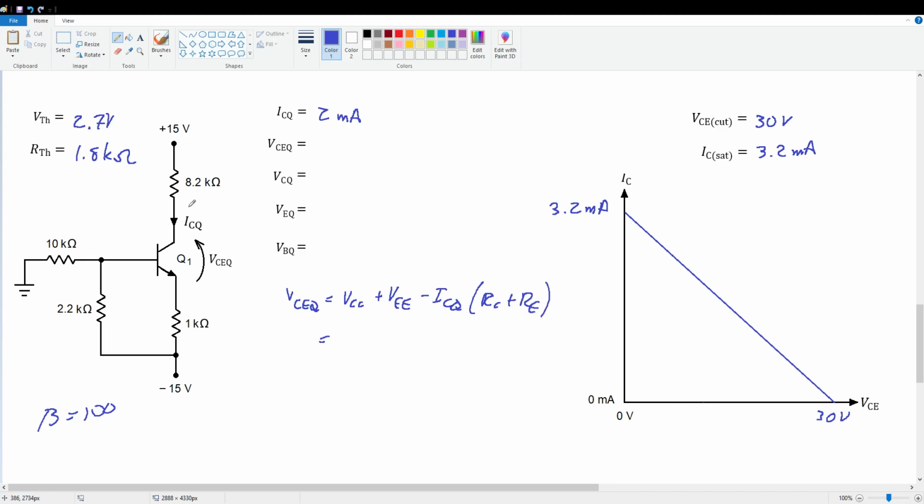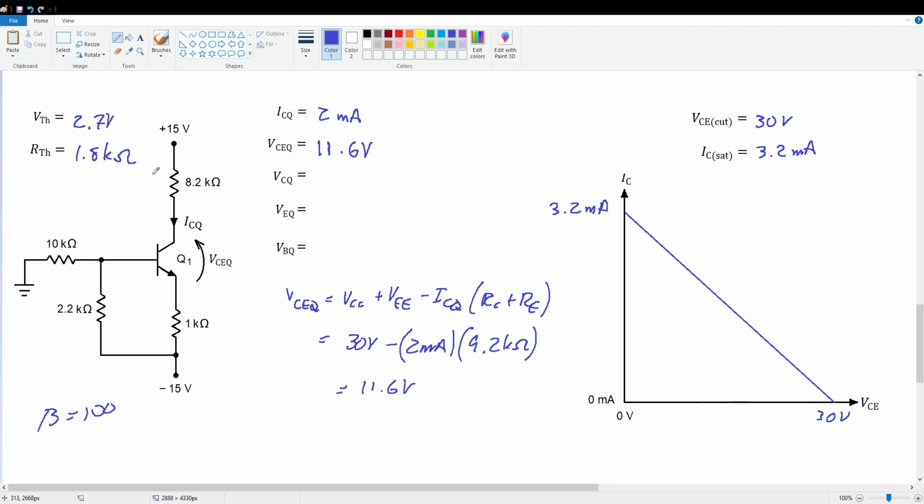So again, 15 and 15 is 30 volts minus 2 milliamps times 8.2K plus 1K is 9.2K ohms. Crunching through those numbers, we get VCEQ of about 11.6 volts. All right, so far so good.